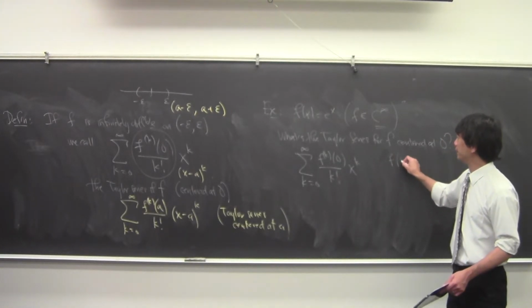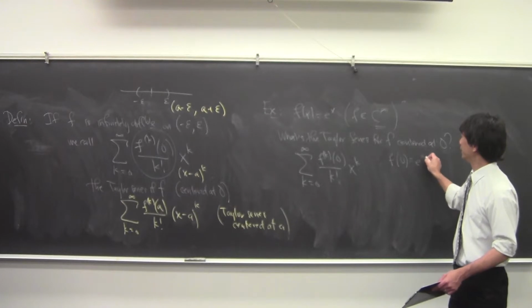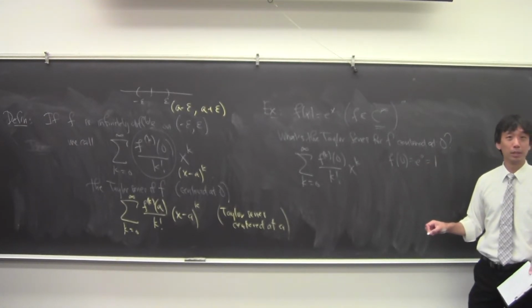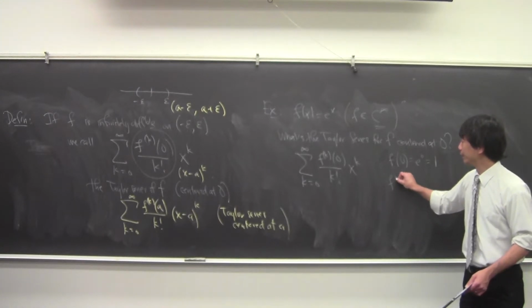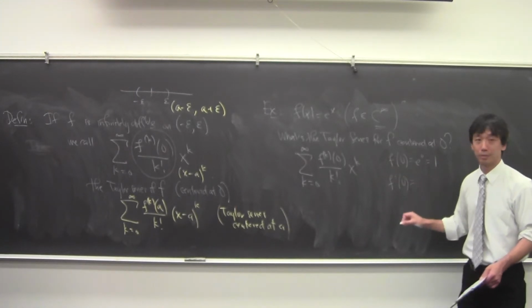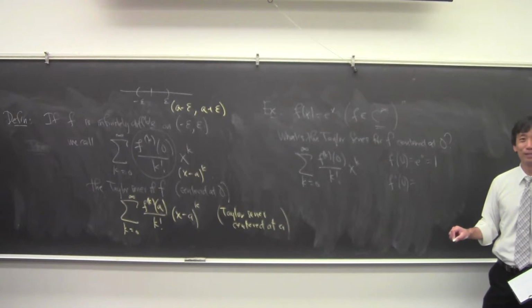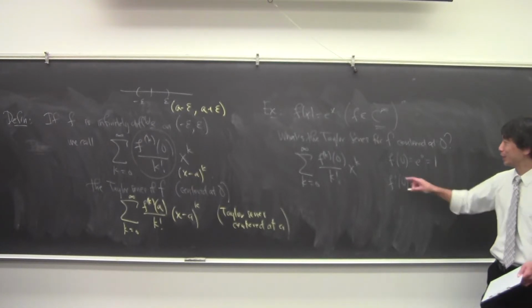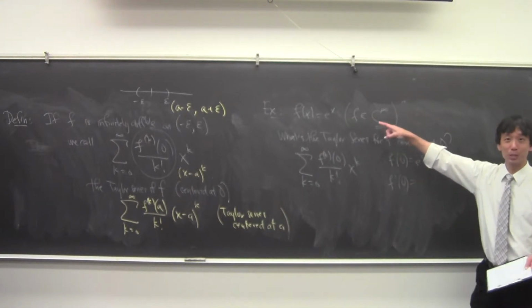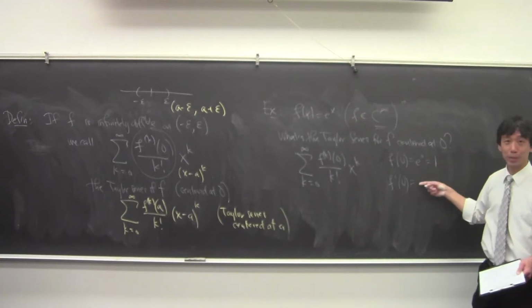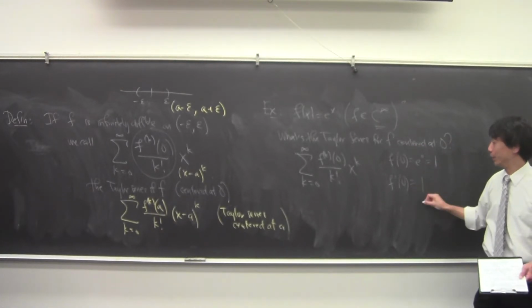What's f at 0? Well, that's e to the 0, which is 1. What's the first derivative at 0? Just take the first derivative of e to the x. What's the derivative of e to the x? e to the x, evaluated at 0, you get e to the 0, it's 1 again.